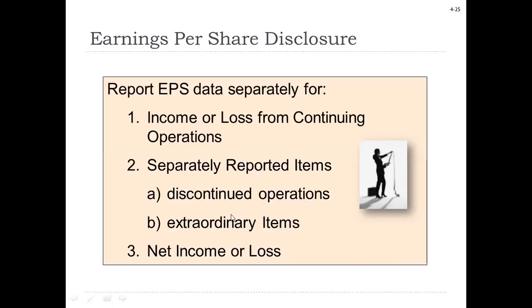If you don't have either one of these two items, discontinued operations or extraordinary items, then all you have is one line for earnings per share for net income. So you don't need these categories here. And again, earnings per share data is shown at the bottom of the income statement in most cases. Sometimes, though, it's shown as a separate statement, but more often it's included at the bottom of an income statement.